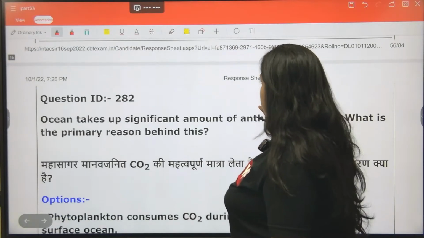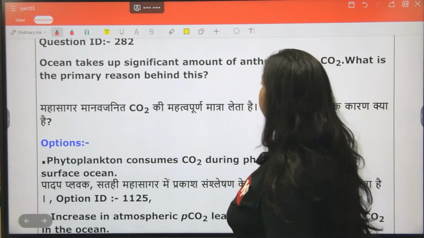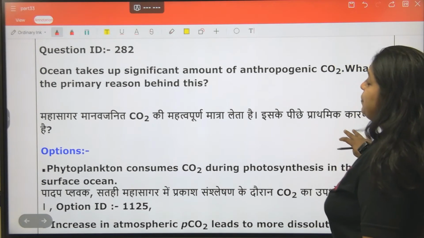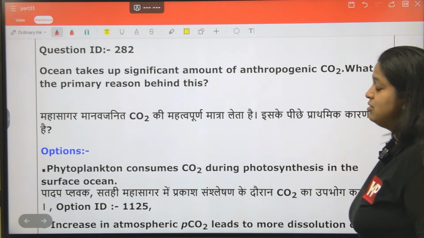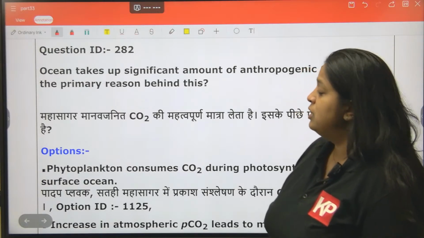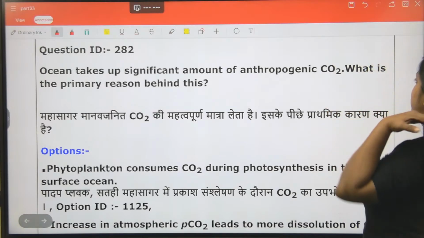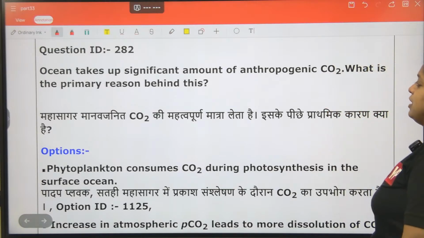So the next question. Ocean takes up significant amount of anthropogenic carbon dioxide. What is the primary reason behind this?